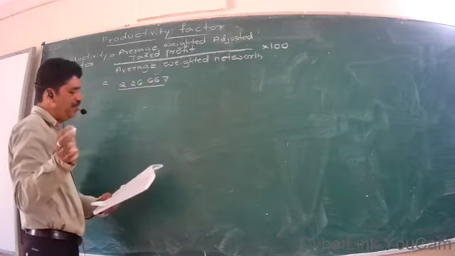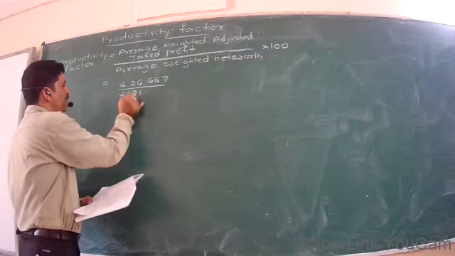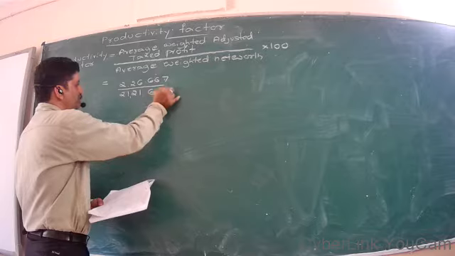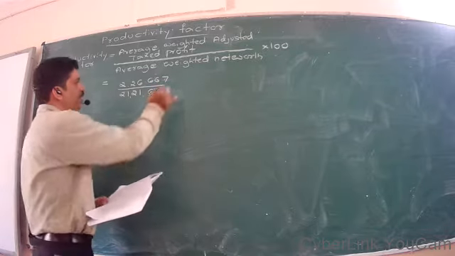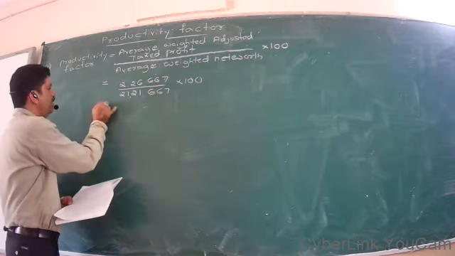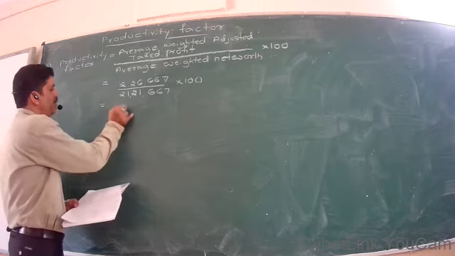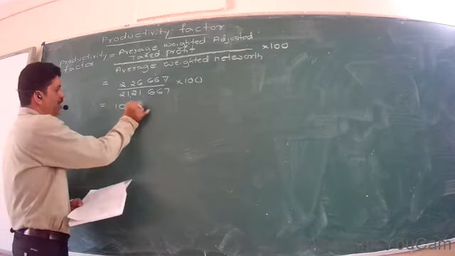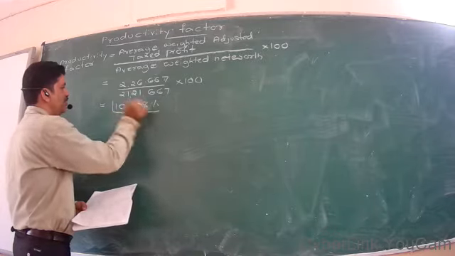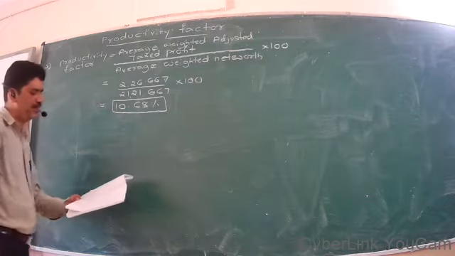Then average weighted net worth is 21 lakh 21,667. Correct. Into 100. So you get the productivity factor. So productivity factor is 10.68 percentage.